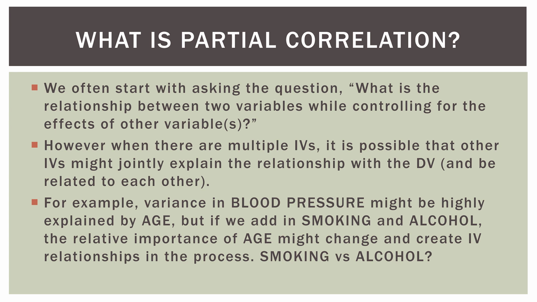For example, let's say the variance in blood pressure might be highly explained by a person's age, but if we add in, say, if they smoke or not, and the amount of alcohol they consume, the relative importance of age to blood pressure might change, and it creates IV relationships in the process. For example, for the two we added, is someone who smokes more likely to consume more alcohol?